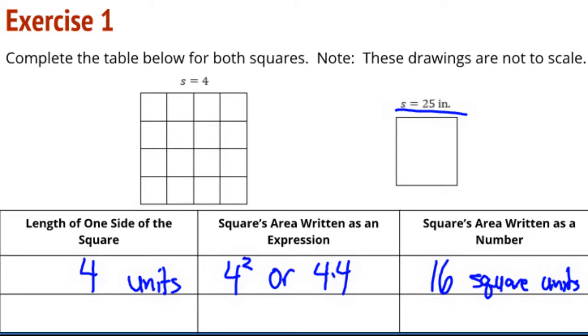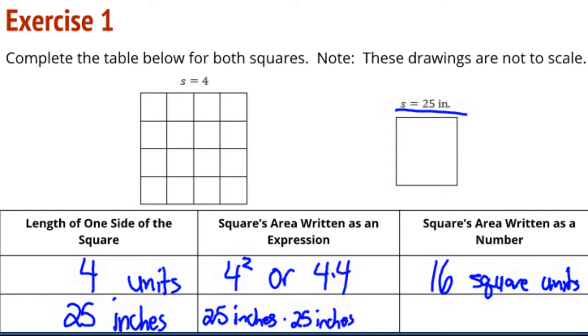All right, looking at the second one, it is 25, and we know the unit we're measuring in now. It's inches. And the area is 25 times 25, or 25 squared. And just as a point of interest here, I can point out that it is 25 inches times 25 inches.